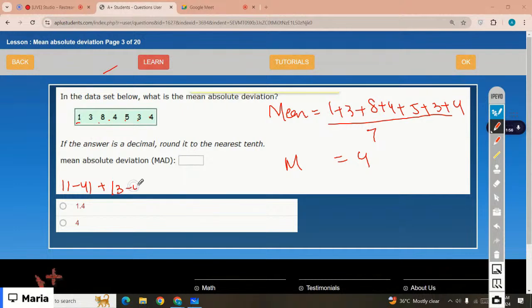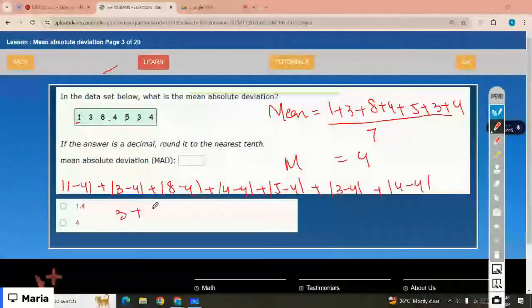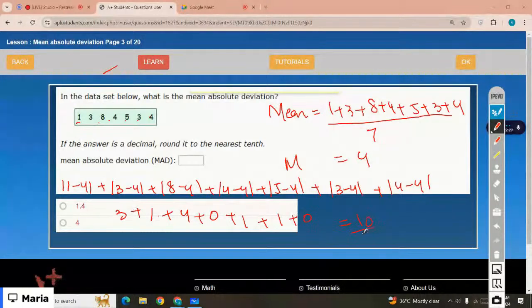Then 3 minus 4, then 8 minus 4, 5 minus 4, all are positive. So 3, 1, 4, 0, 1, 1, 0. That is 3, 4, 8, 9, 10. 10 divided by the 7 because the total numbers are 7. That is, I think, 0.4. Option number 1 is the correct option.